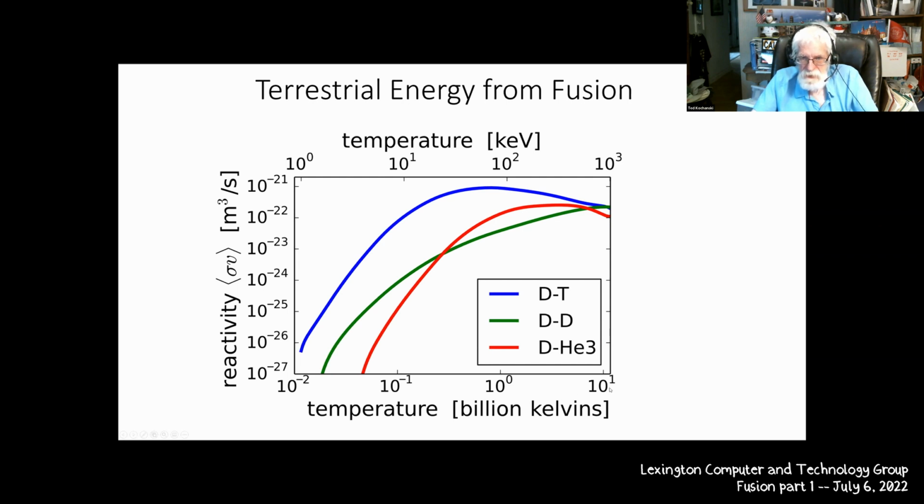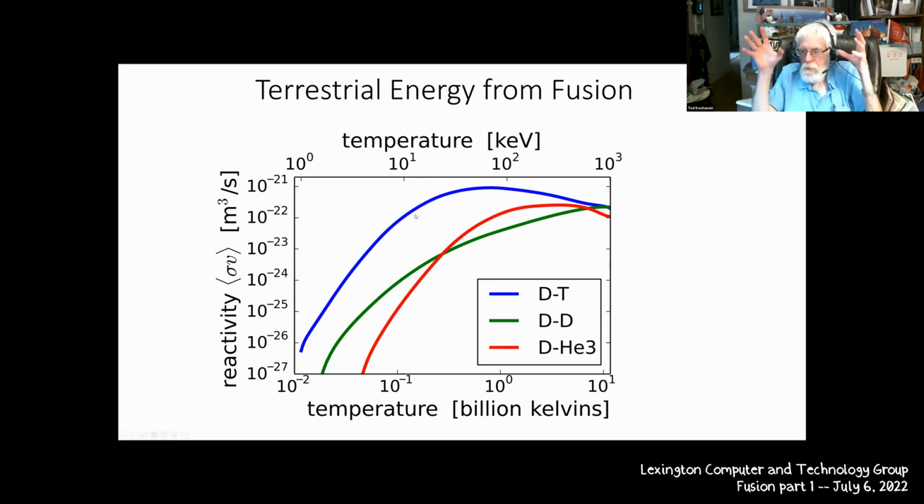This is expanded out to temperature in billions. So we're looking predominantly at this blue curve. Now, realistically, we take advantage of this curve. Really, we should be out here, but that's a really hard place to get to. So we're more likely to be operating right around here, which is not at the peak of the curve.